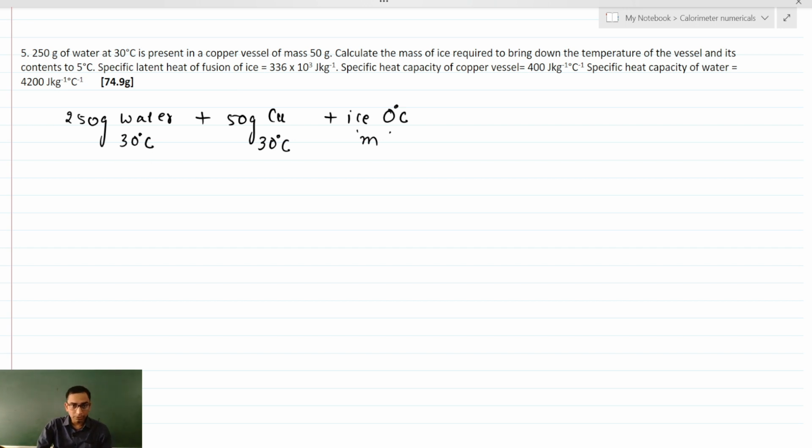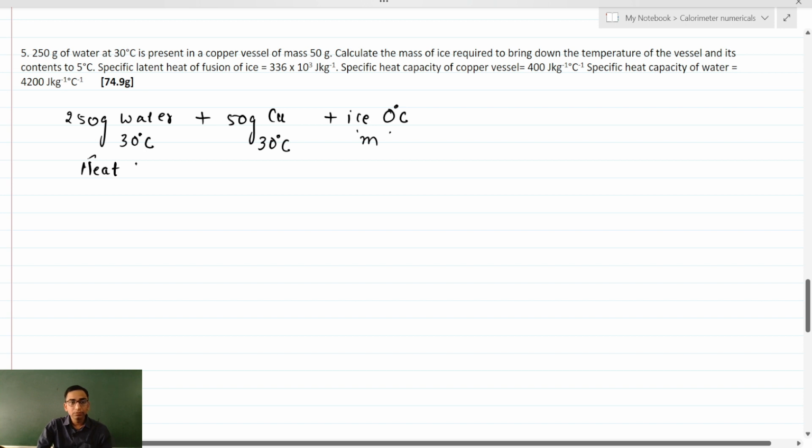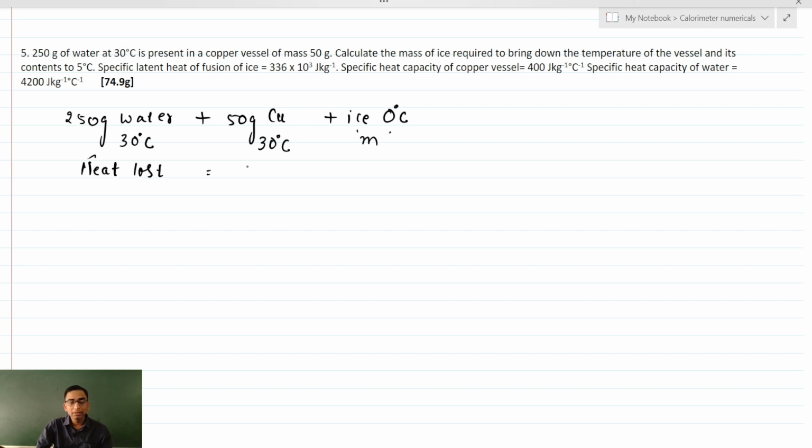Correct? So I should be better writing here as heat lost, that is equal to heat gained. But who is losing the heat energy, water, and its temperature goes down to 5 degrees. So I should be writing mc delta T of water plus mc delta T of the vessel.